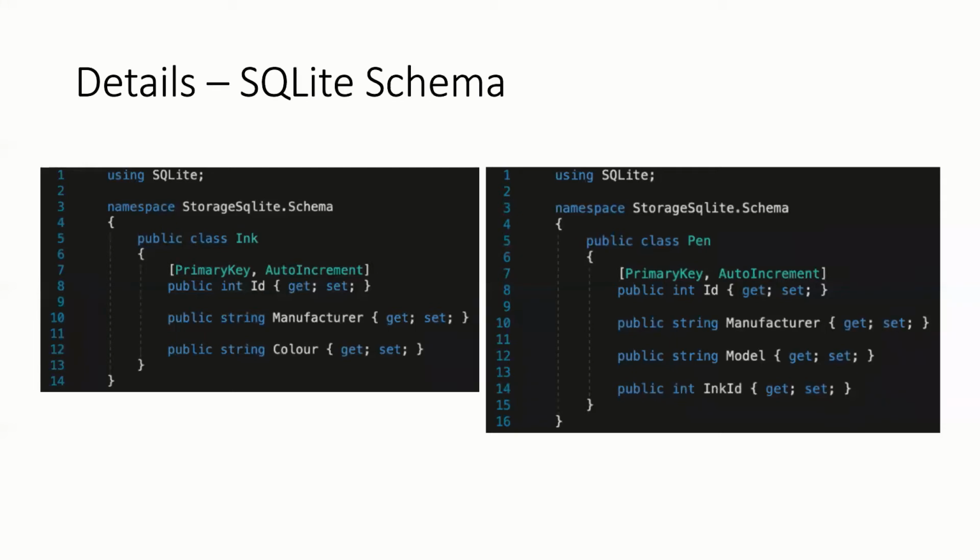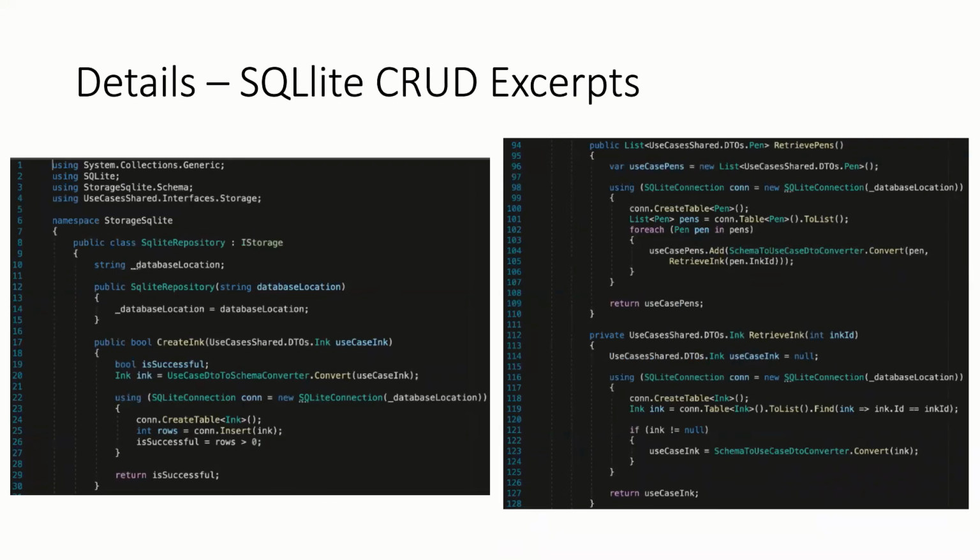And this is why you would never store entities themselves as well, because you wouldn't want your entities, your high-level policies, to have the details of which storage framework you're using, or which storage device or whatever. So this is our schema, and we've got the SQLite attributes on it. Those schema files go nowhere basically outside of this storage DLL.